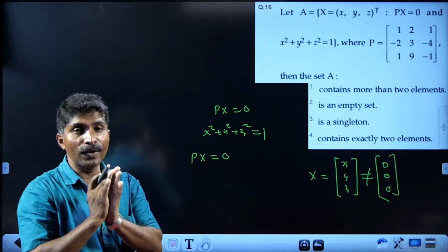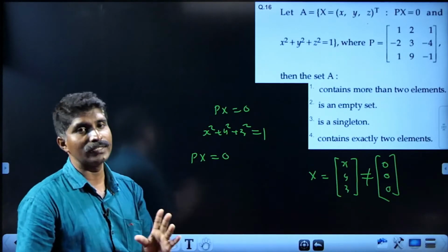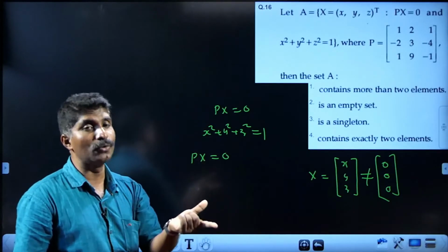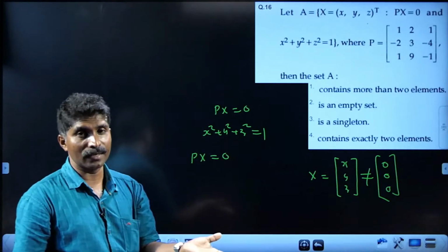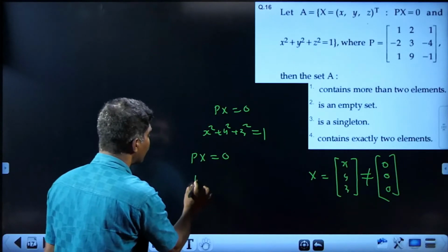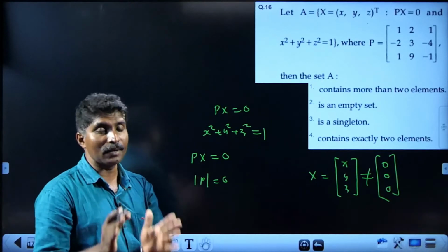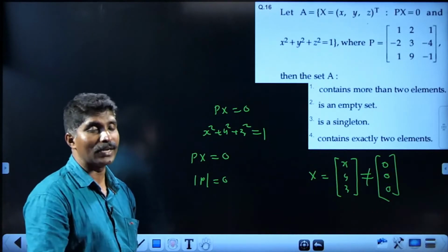It is always consistent. Why? (0, 0, 0) is a solution. And if any other solution exists, what's the meaning of that? More than one solution. And the condition for more than one solution is what? Determinant of P is equal to 0. So if determinant of P is equal to 0, there are infinitely many solutions.